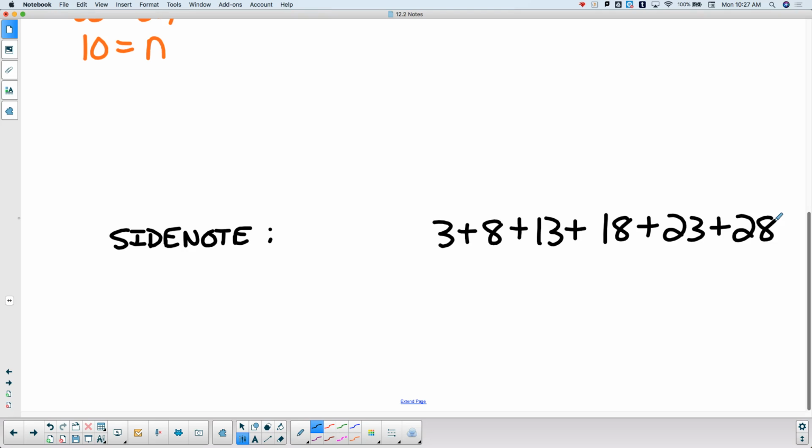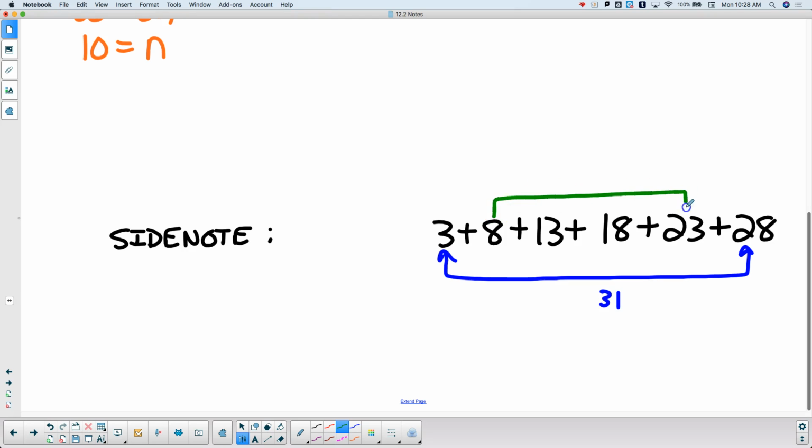The reason that it's n divided by 2 is that these two numbers here add up to be 31. These two numbers here add up to be 31. These two numbers here add up to be 31.